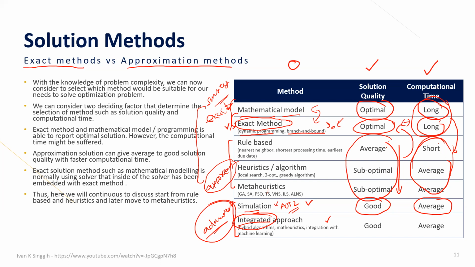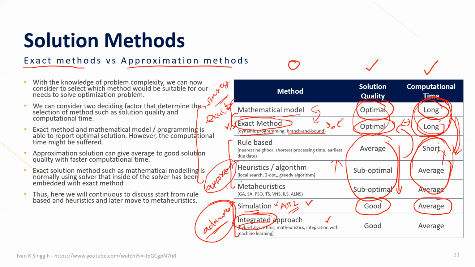How can you improve their solution quality to be near optimal, and at the same time it's okay to spend a little more computational time? At least it's not as long as the mathematical or exact method. So there is the thing called combination.